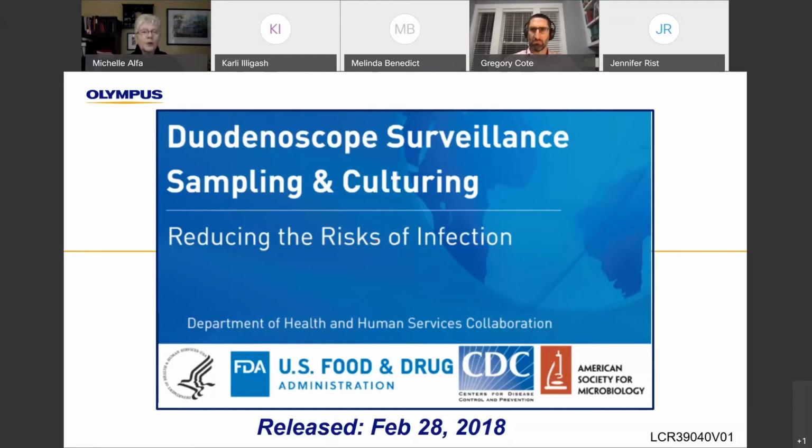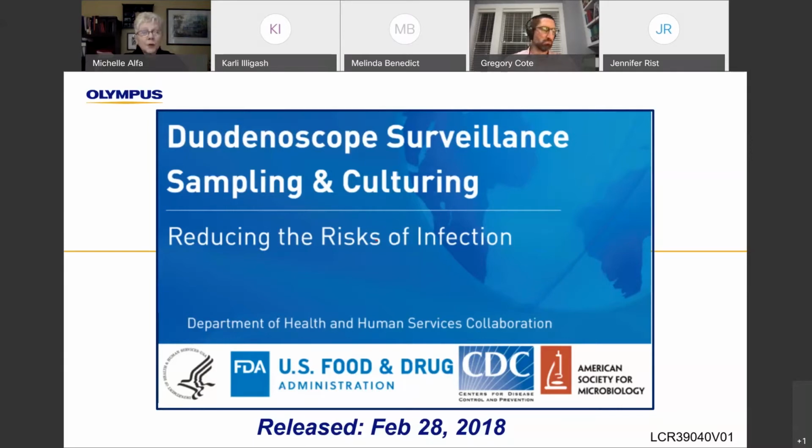I think it's important to remember that the FDA, CDC, ASM protocol does not require sites to culture their duodenoscopes. It's left up to the individual facilities.